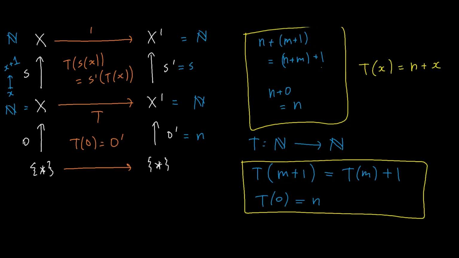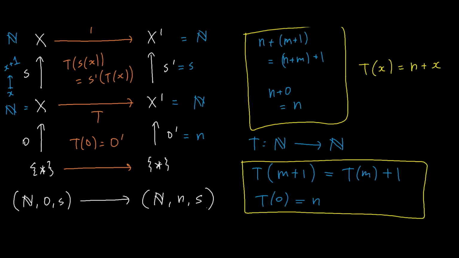So this recursive definition of addition, in other words the definition of adding, so what is this function? It's a function of adding n to a number, right? This definition of adding n can be seen as a translation from the triple N, 0, S to the triple N, small n, and then the same S. So it's a morphism in the category.